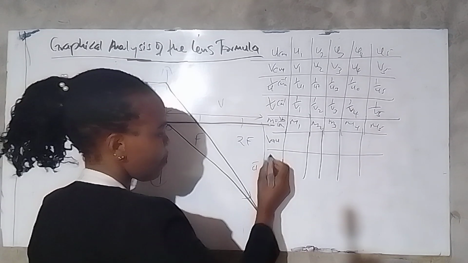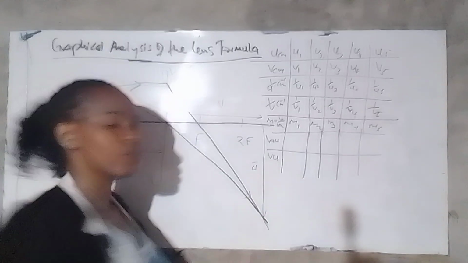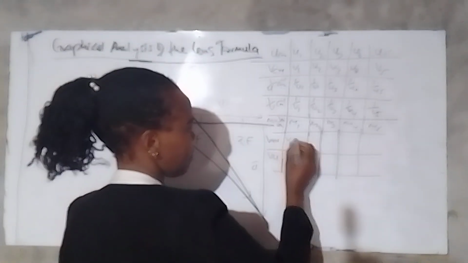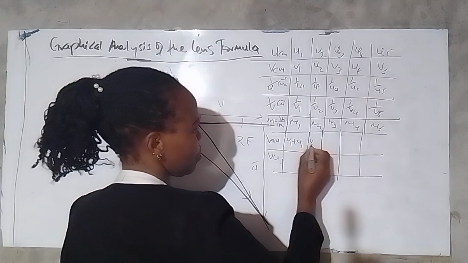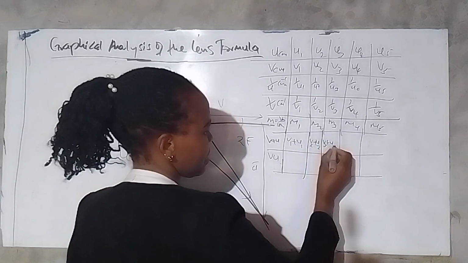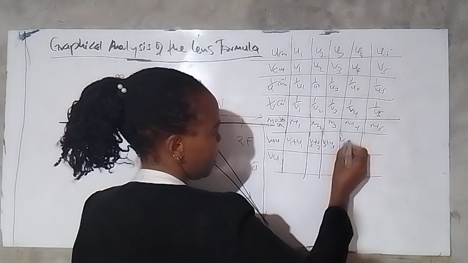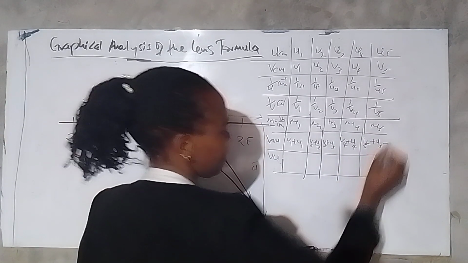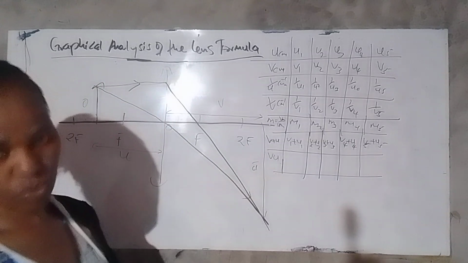How do I fill this? This is V1 plus U1, V2 plus U2, V3 plus U3, V4 plus U4, and V5 plus U5. These are V plus U.